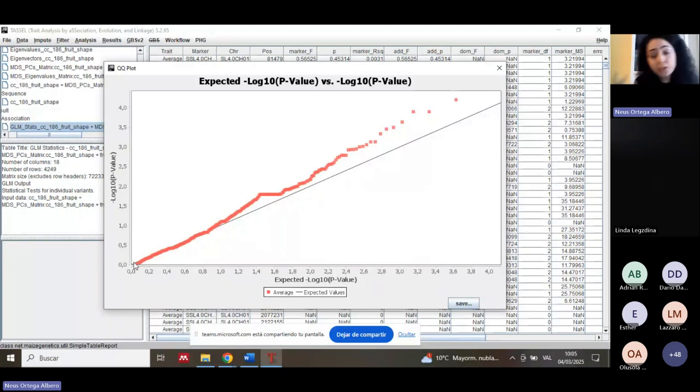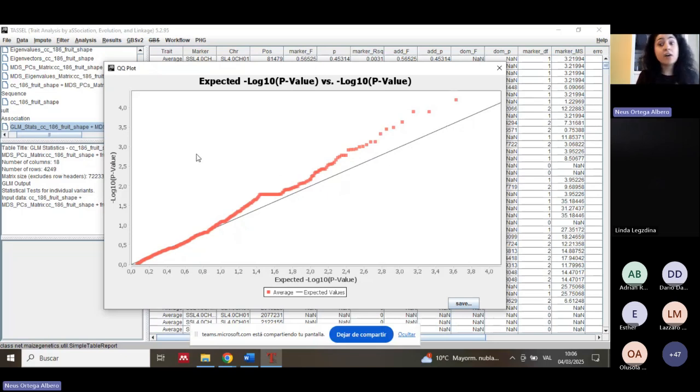The expected values, which is the black line, would be the distribution of the markers, of the dots, of all the positions, if no QTL were associated with the trait. So if no QTL were associated with the trait, the average of these points, which are just the markers, would be on the black line.